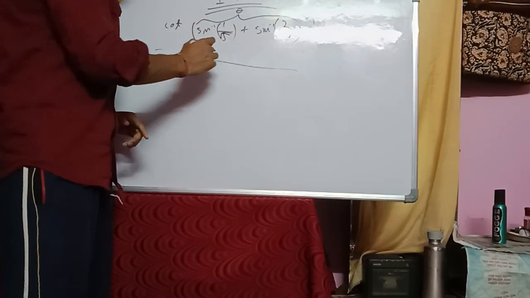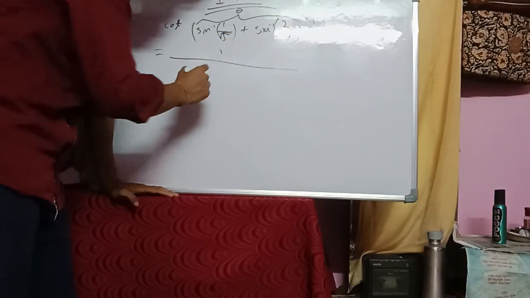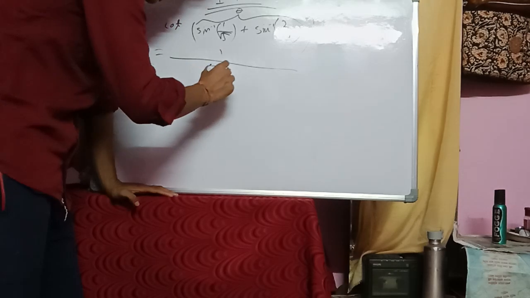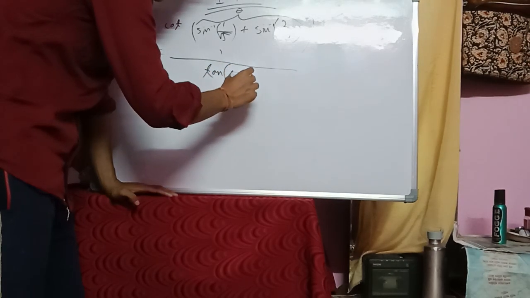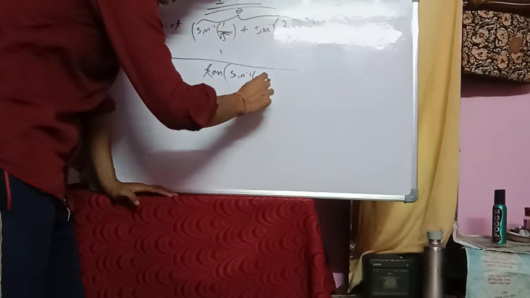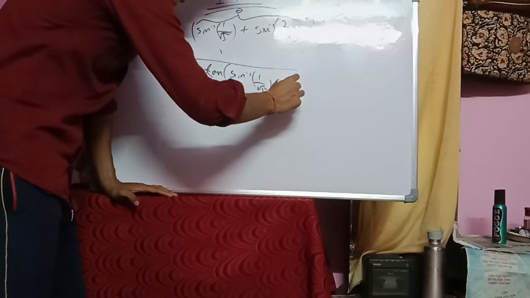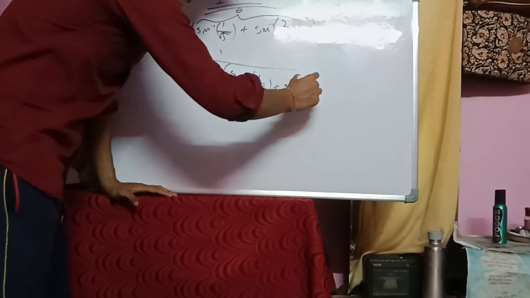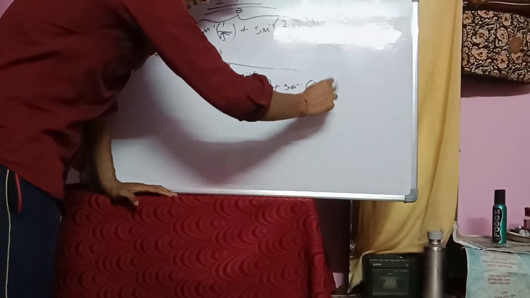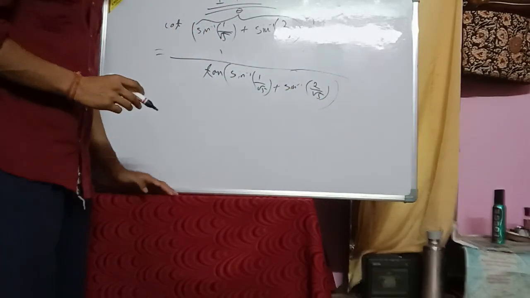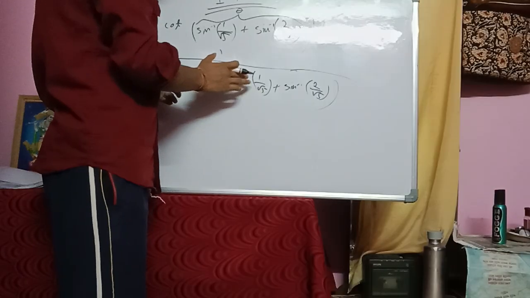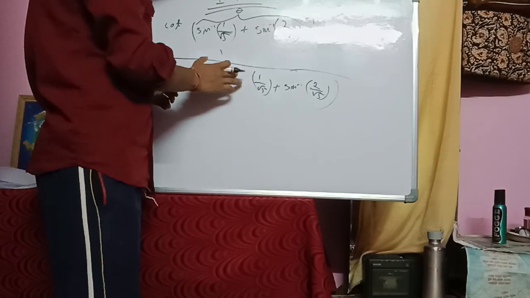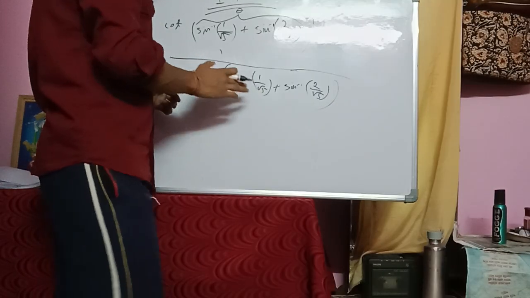Now cot theta can be written as the reciprocal of tan theta, tan of this thing, that is sine inverse of 1 over root 5 plus sine inverse of 2 over root 5. Again, it is using the inverse trigonometric representations actually.